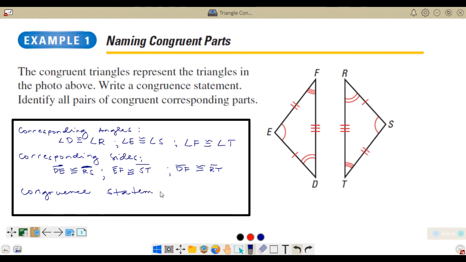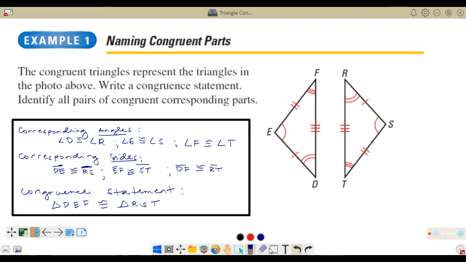Since we already have a correspondence between the angles and the sides, pwede na tayong magsulat ng congruent statement stating that triangle DEF, so DE, dito siya sa RS, and D is for R, S is for E. So we have R, S, and finally T. So congruent statement, triangle DEF is congruent to triangle RST. Okay? So ganito lang siya kasimple.